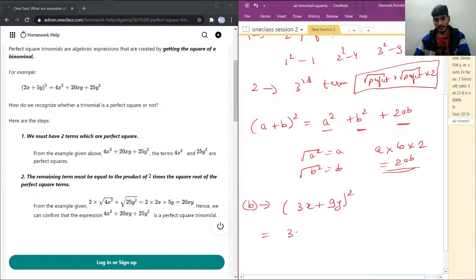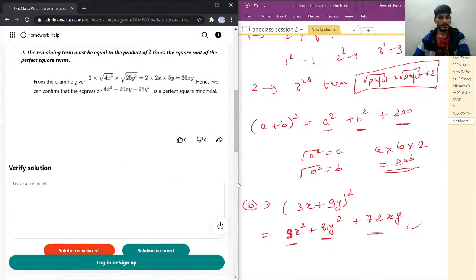This will be 3 square is 9, x square plus 81y square plus 2 times 3 is 6, 6 times 9 is 72xy. So here also we can see that we have one perfect square, another perfect square, and this is the product of the square roots multiplied by 2. So again this is also a trinomial square.